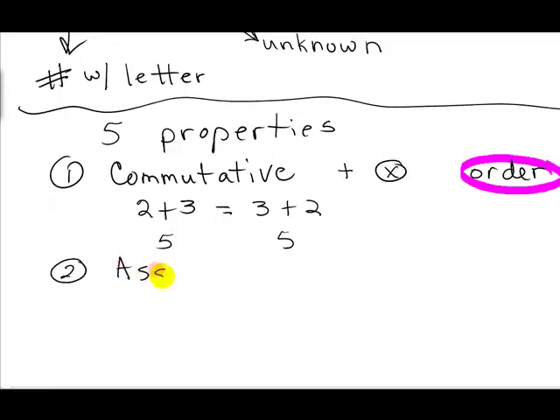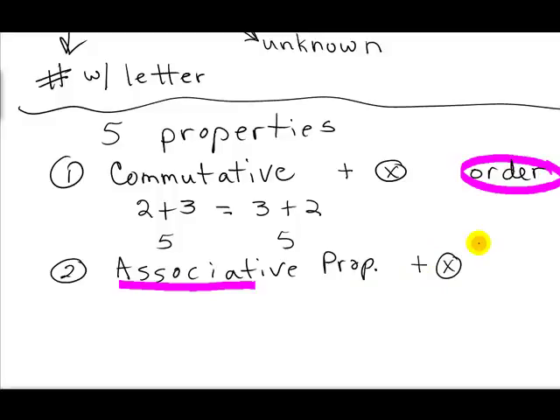The second property we're going to look at is the associative property. If you think about the word associative, associate is that root word. The associative property is also for addition or multiplication, and here it's all about the grouping.